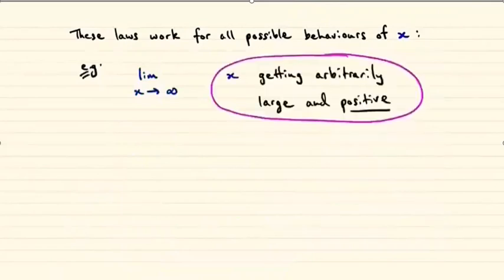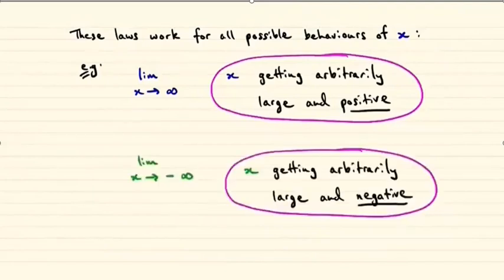We can also have x heading off towards infinity, by which we mean getting arbitrarily large and positive, or minus infinity, getting arbitrarily large and negative.